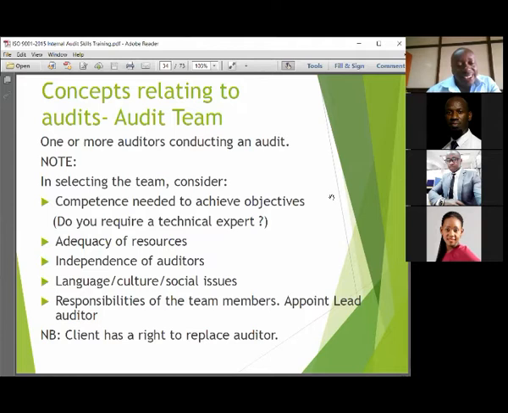Then the other thing is responsibility of the team members. So as we go out, you'll be chosen as a team. Within your team, or that can even be determined earlier by the quality management coordinator, you need to come up with who is the team leader, who will be the auditor. And again, you need to share responsibility.